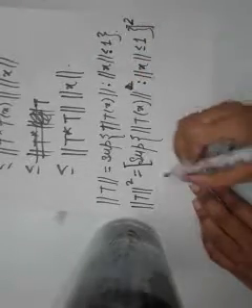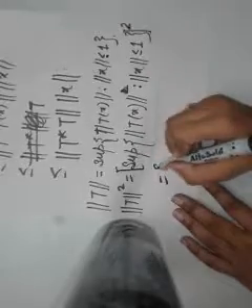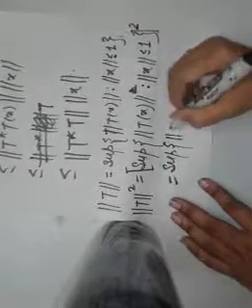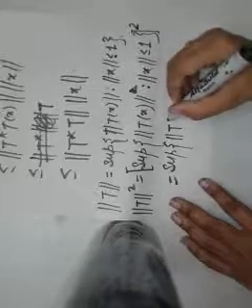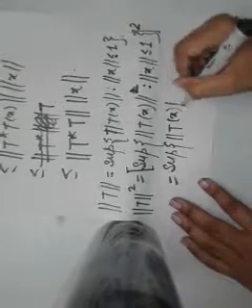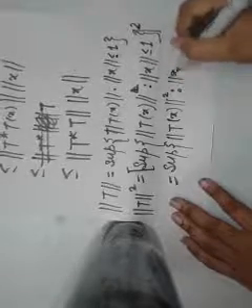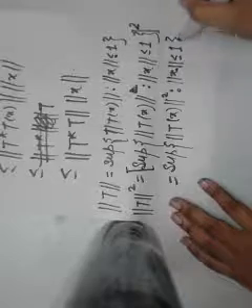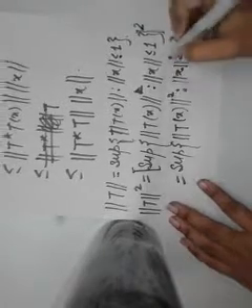Now this will be equal to supremum of norm of Tx whole square such that norm of x is lesser or equal to 1. Why we didn't put square here?